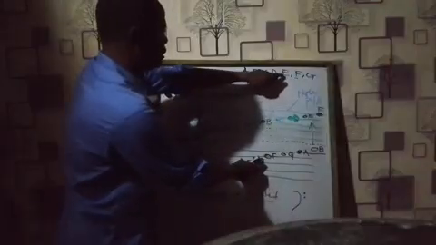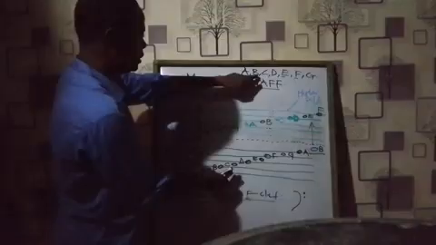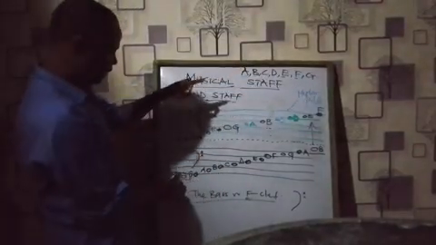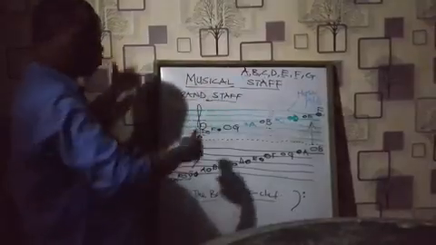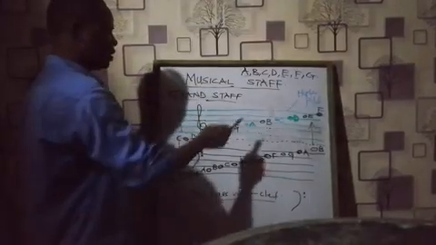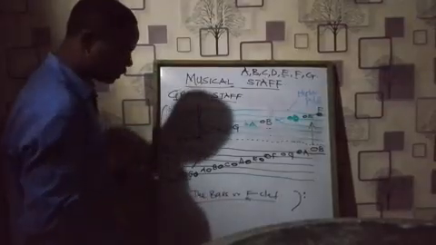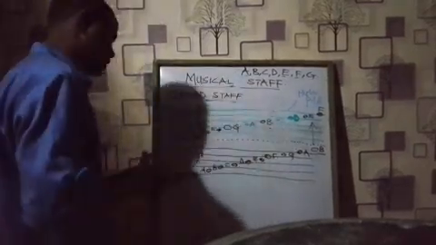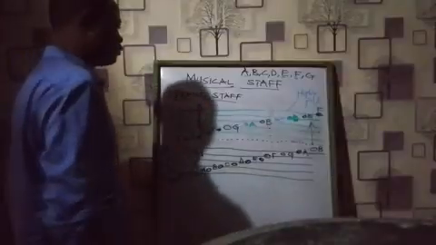We have our B, A, G, F, E, D, C, B, A, G again, F, E, D, C, going down like that. So this is how to write the keys on the musical sheet. So let's see the keys that fall on the line and the ones that fall on the space now. Just name them, then we stop for today.